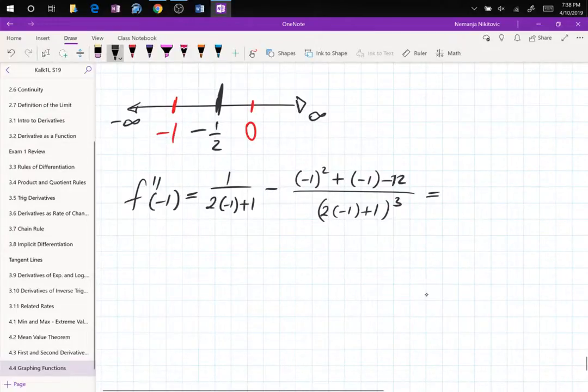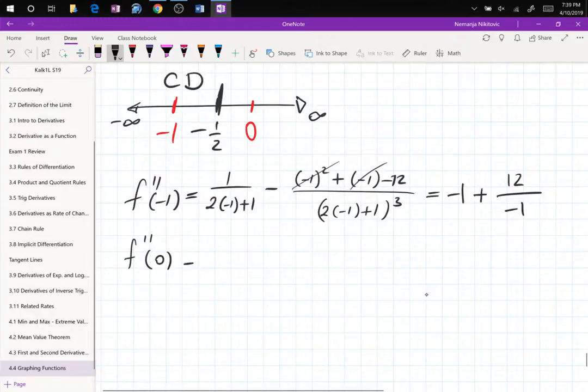That's 1 divided by negative 1, so that's a negative 1 on the first. And now you just have negative 12, but that's going to change this into a positive, divided by negative 1 cubed, so it's a negative 1. So this is negative, so concave down.